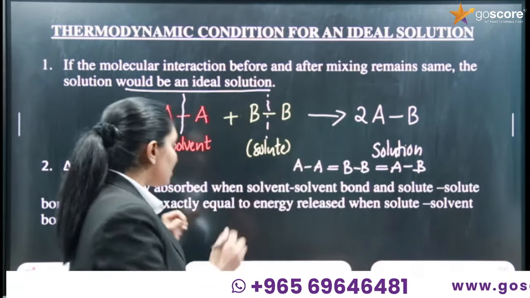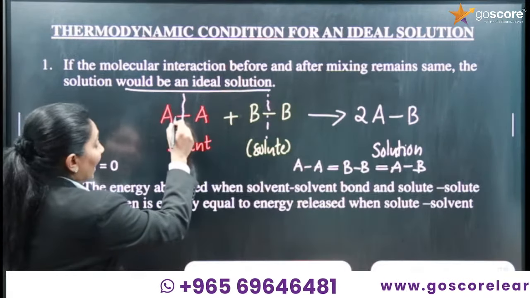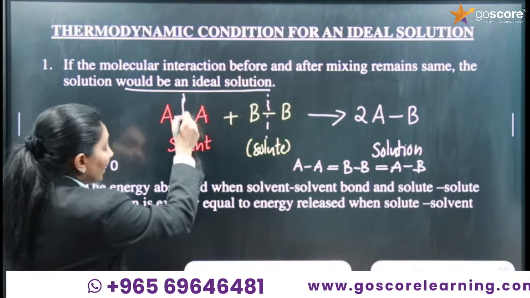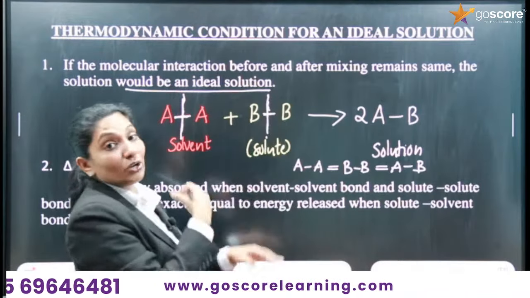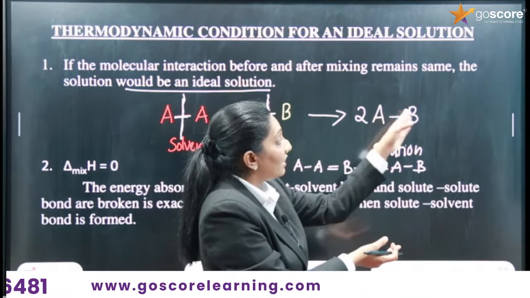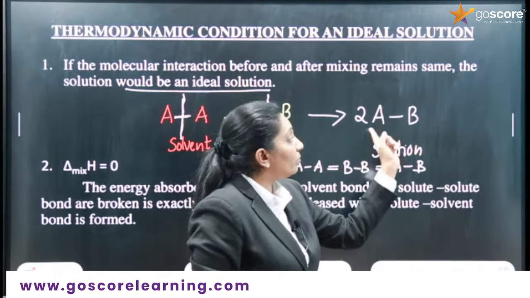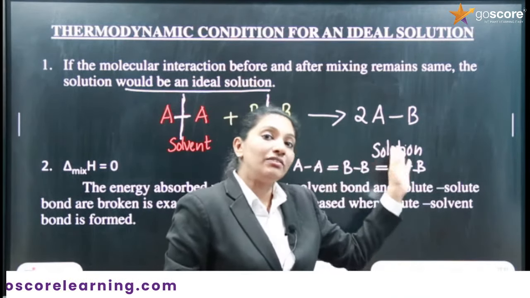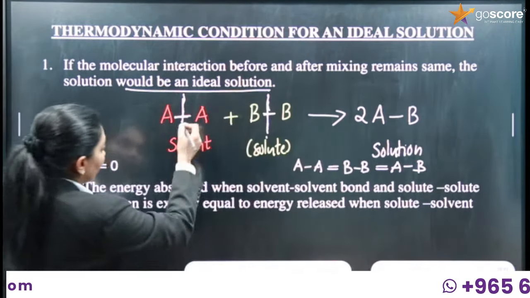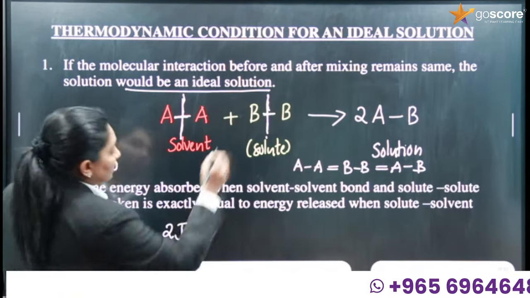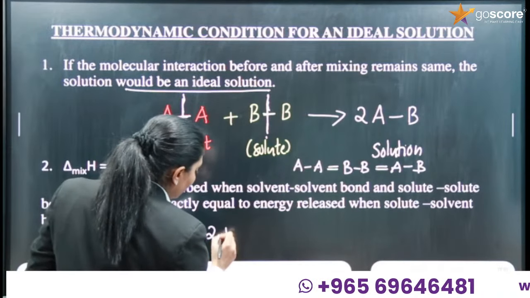Okay, so for an ideal solution, the energy required to break this bond and this bond will be equal to the energy that is released during the formation of a new bond between the solute and the solvent. See, if here I am requiring 2 joules of energy, here also I am requiring 2 joules of energy.